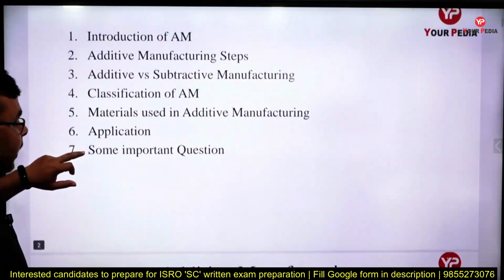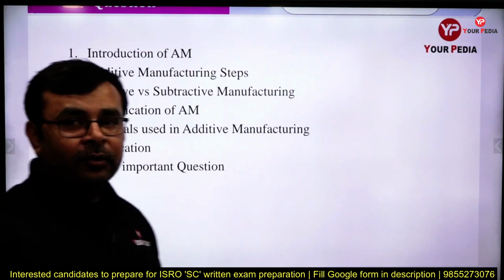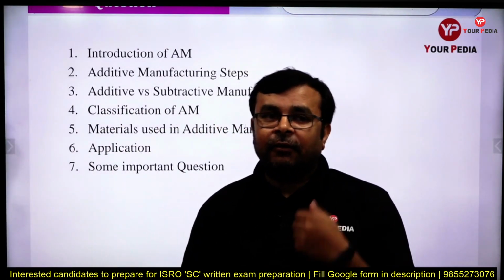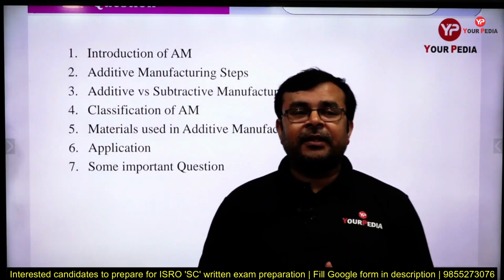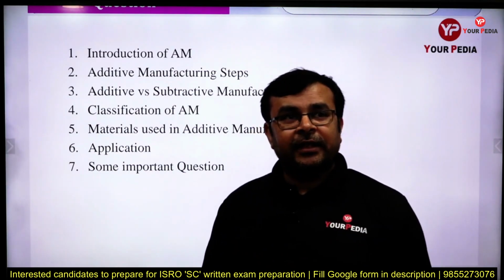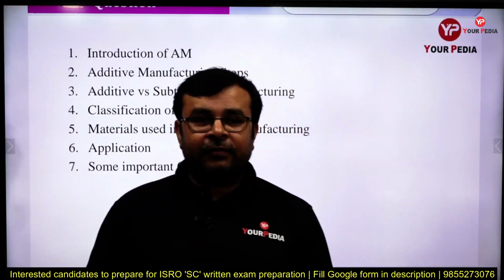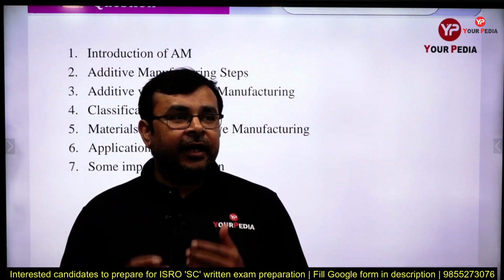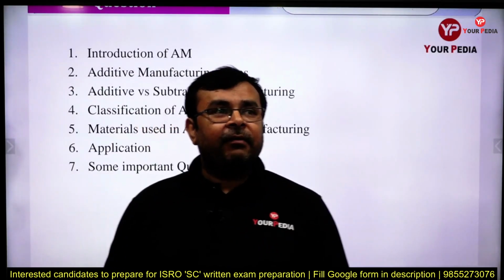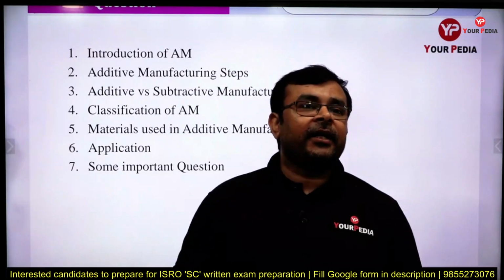In this session I will proceed like this. First, the introduction of additive manufacturing, how to define it and what the basic components of the additive manufacturing process are. After that, the steps we follow for producing any component in additive manufacturing. And after that, the difference between additive manufacturing and subtractive manufacturing.